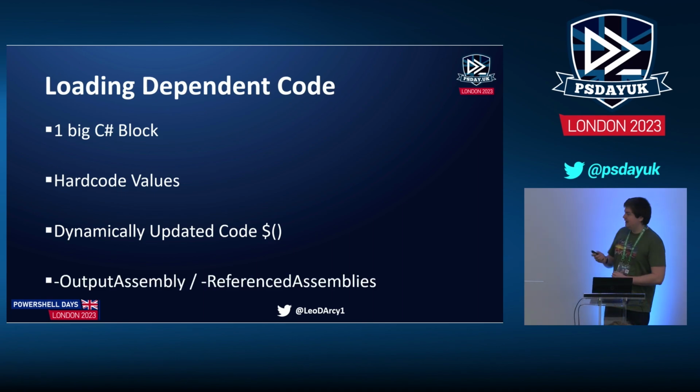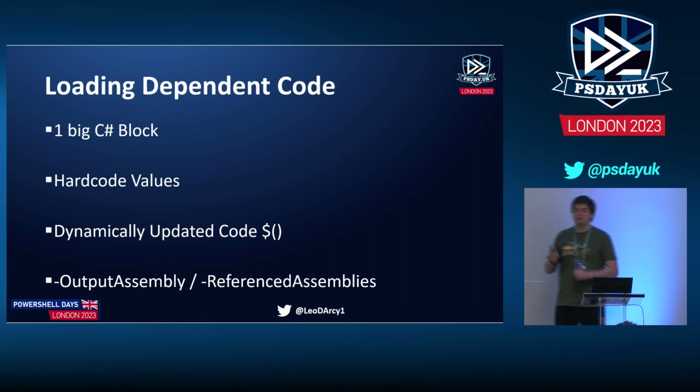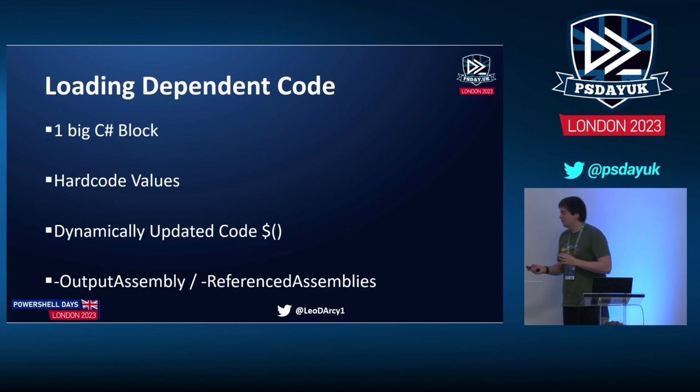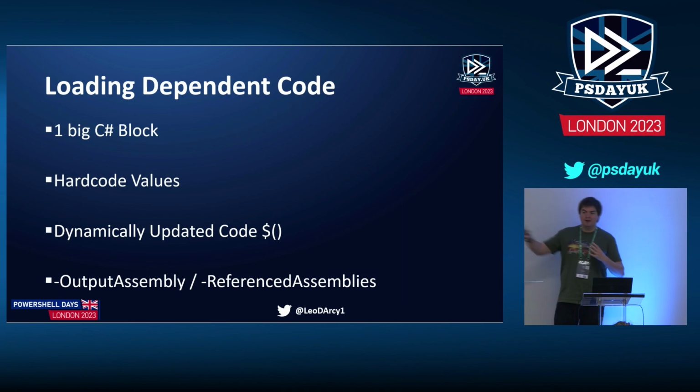And finally, what you can do is output the assemblies. As part of Add-Type, there's an option of OutputAssembly, which will store that to a DLL. And then if you need to use that in a different type, you can reference that DLL. The reason for that is that when you're doing the Add-Type, it's compiling it outside of the environment or the process.